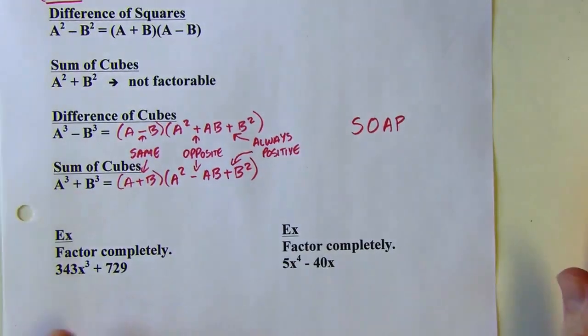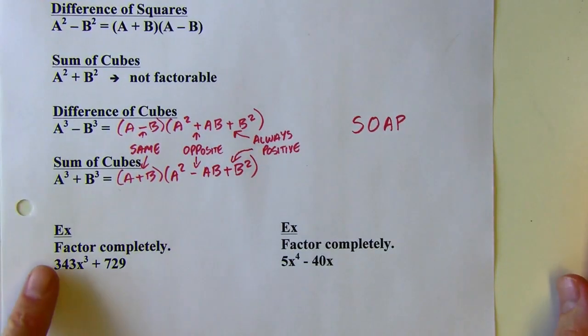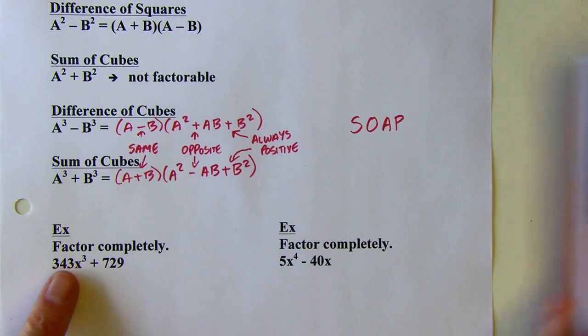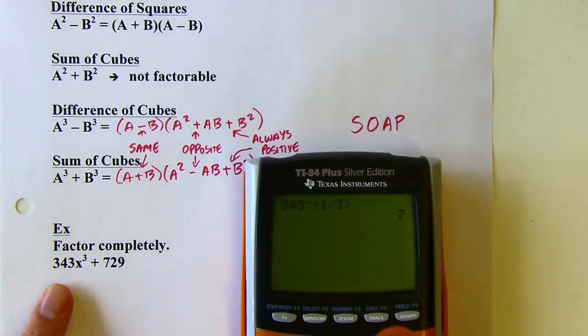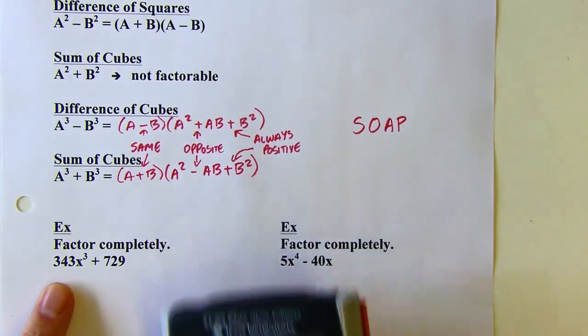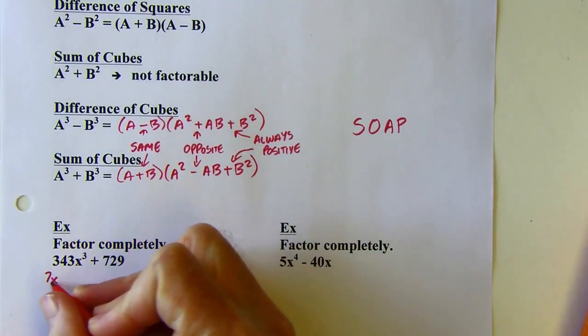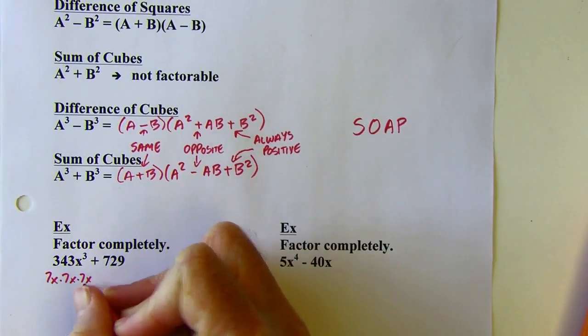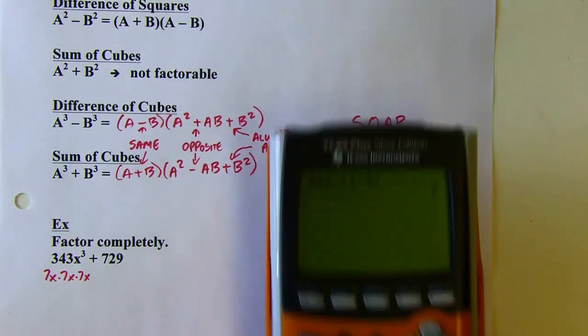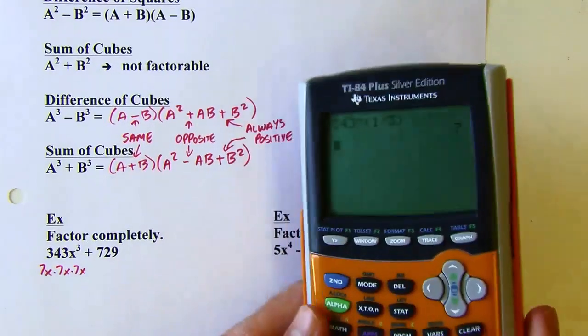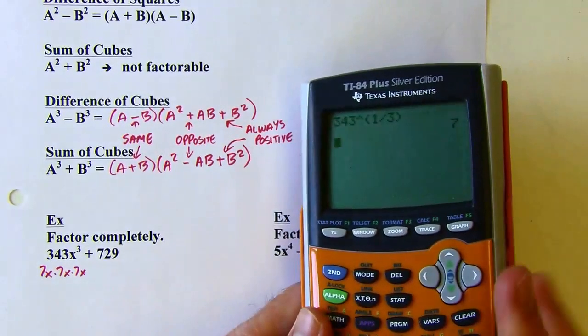So to make sure, I have to check if 343 is a perfect cube. So I want to find the cube root of 343, which I already did, right? It's 7. So I know this is going to be 7x times 7x times 7x here, okay? And then 729, I also want to take, and this is an integer, you could just start doing some guess and check.